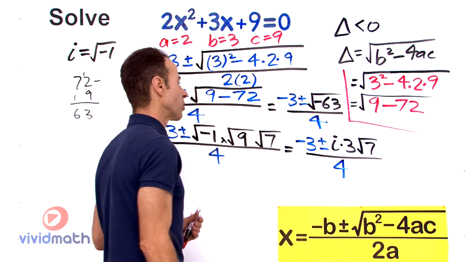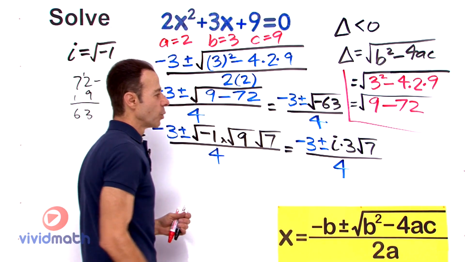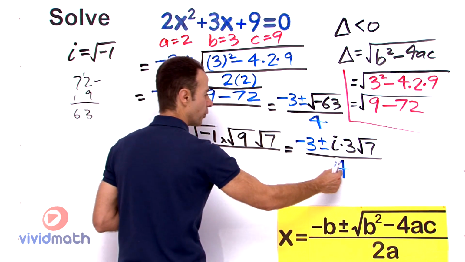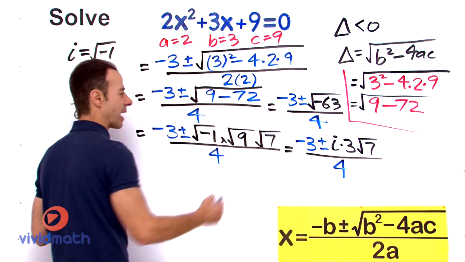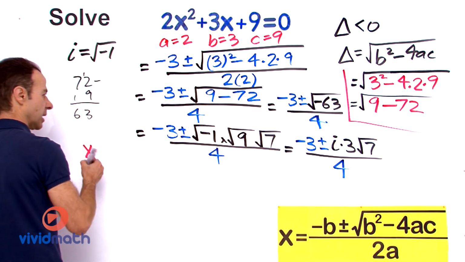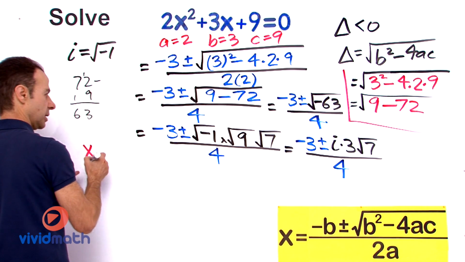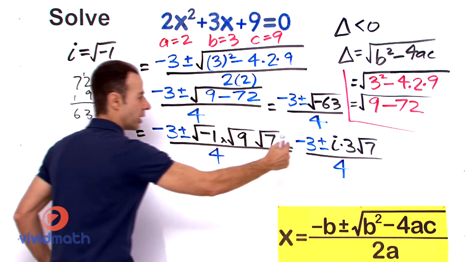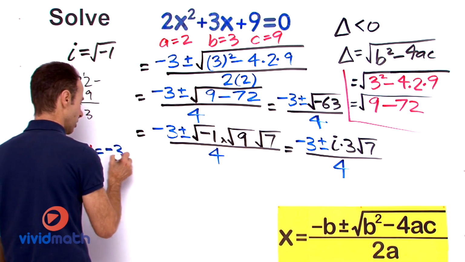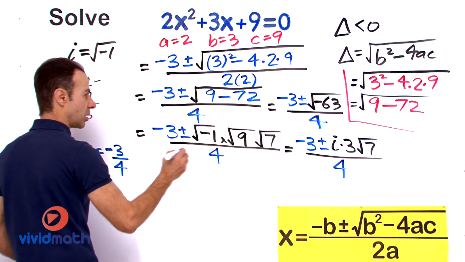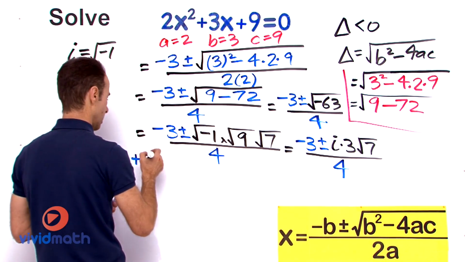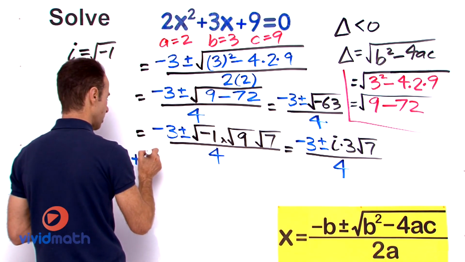Okay, let's start to work with this. That's kind of the answer. We've got two answers, two solutions, a plus and a minus, and we're going to put 4 under each one. There's an imaginary part and a real part. So one of them will be x is equal to minus 3 on 4, plus, I'm going to put the i on the end this time.